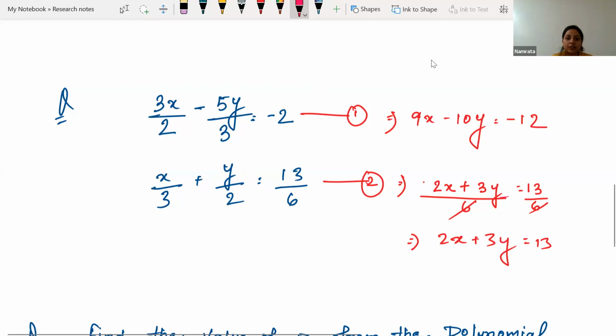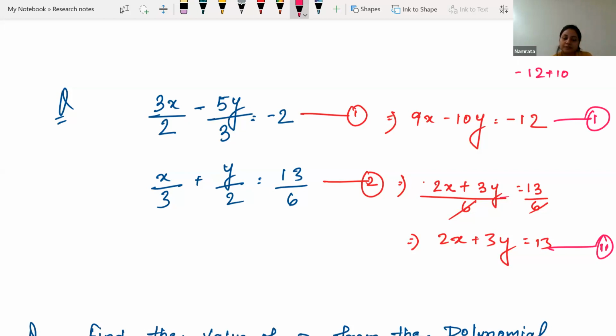Now from here you are going to substitute. So what do you want to take from the first equation, the x value or maybe the y value, from the customized first equation and the customized second equation? I took the x value from the first equation, that is minus 12 plus 10y by 9.